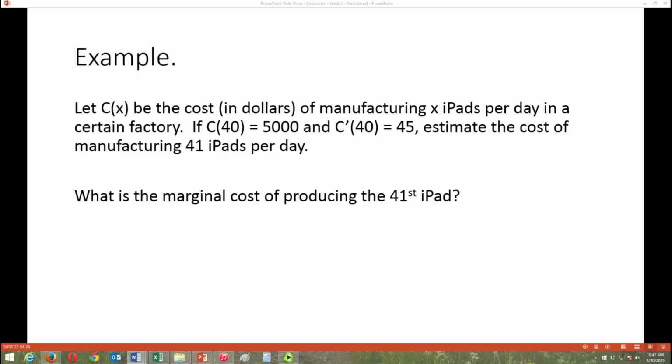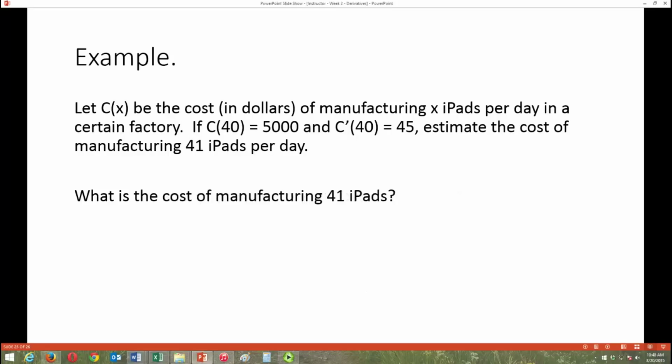By definition, the marginal cost gives us the additional cost that is incurred when the production level is increased by 1 unit from a to a plus 1. We're actually given this in the problem. C prime of 40 equals 45. In other words, to go from 40 units to producing the 41st unit gives us a marginal cost of $45.